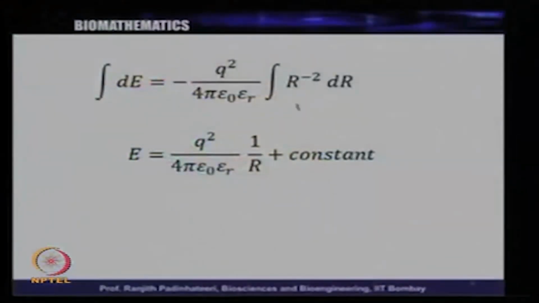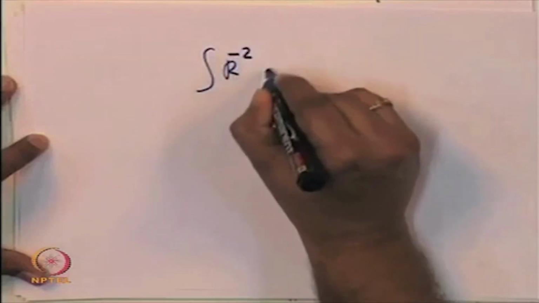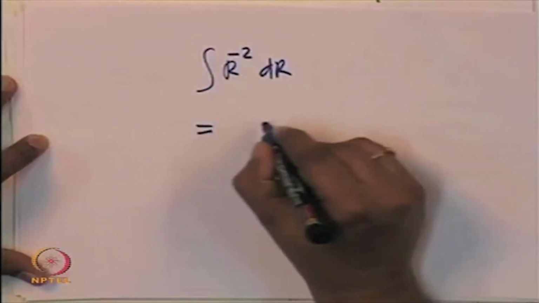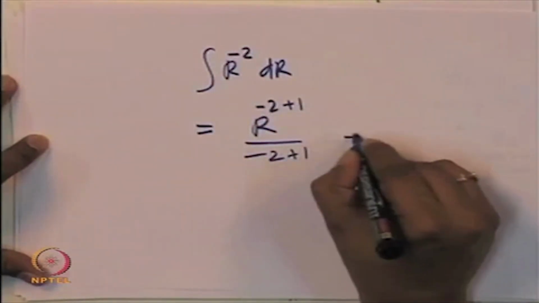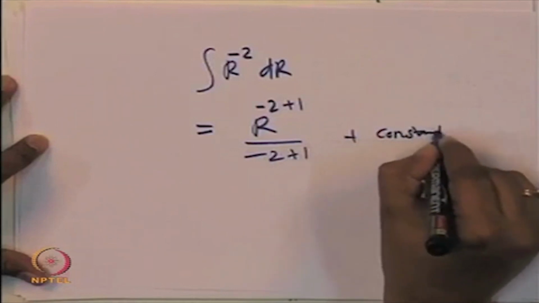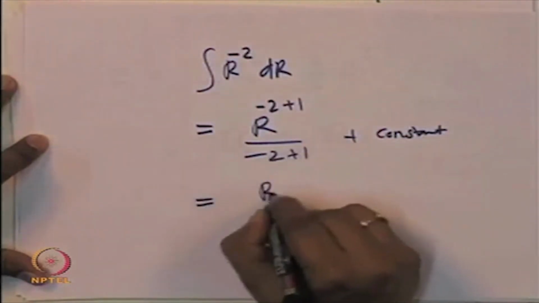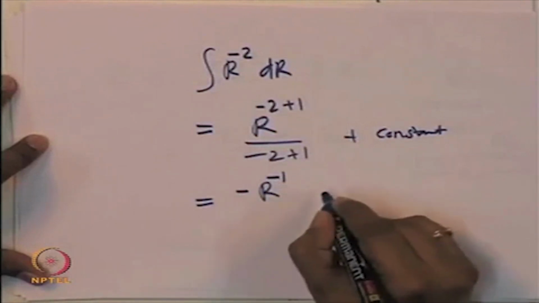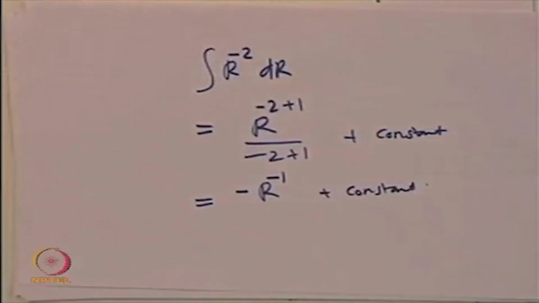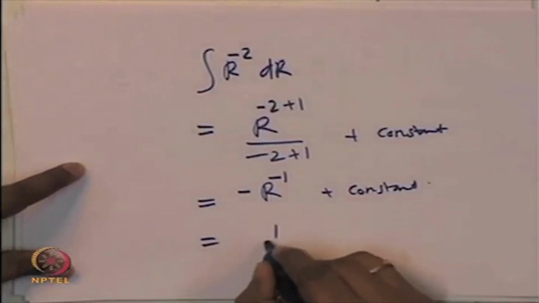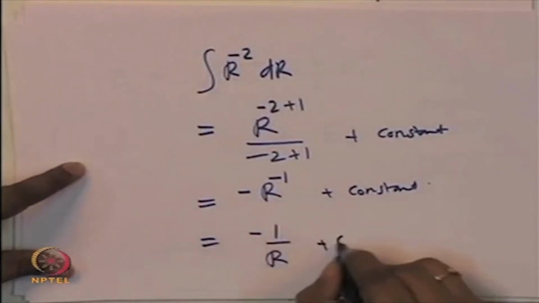The integral of r power minus 2 dr is r power minus 2 plus 1 divided by minus 2 plus 1, plus a constant, and this is r power minus 1 with a minus sign. So essentially you will get r power minus 1, which is 1 over r with a minus sign, plus a constant.